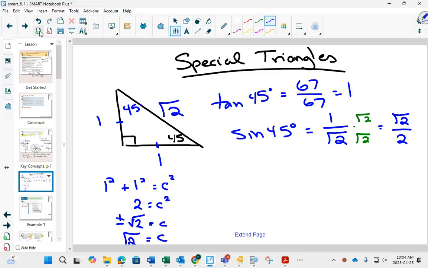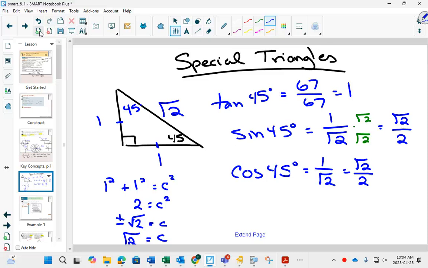Sine of 45, can we do cos of 45 without a calculator then too? Cos of 45 degrees would be adjacent, which is 1, over root 2. Oh, that's exactly the same. Can you see that's the same? It's going to be root 2 over 2 as well.